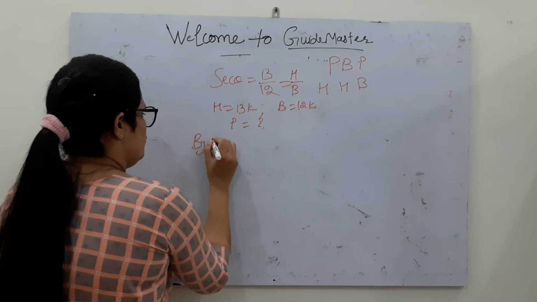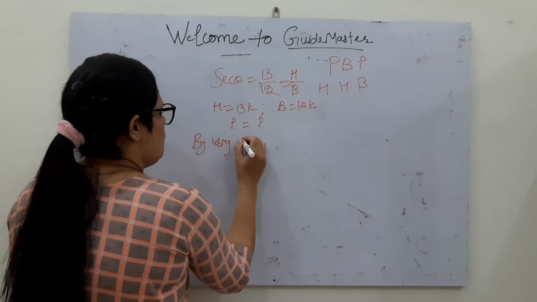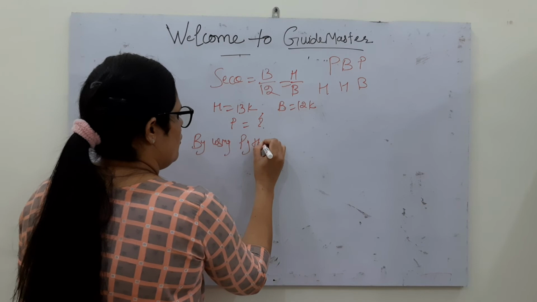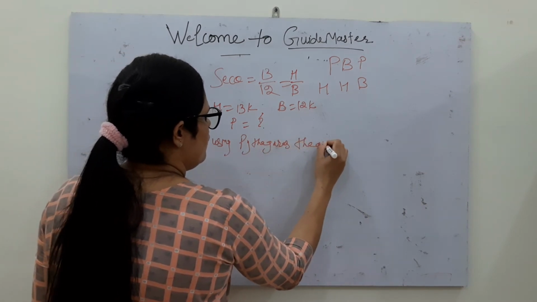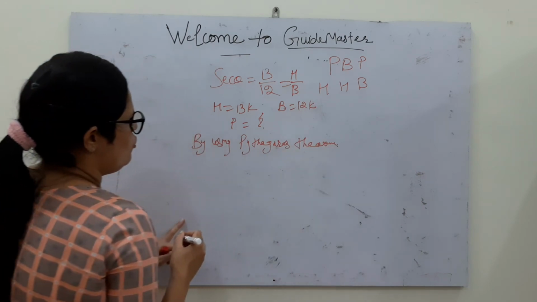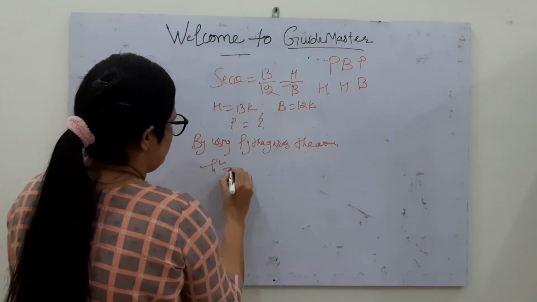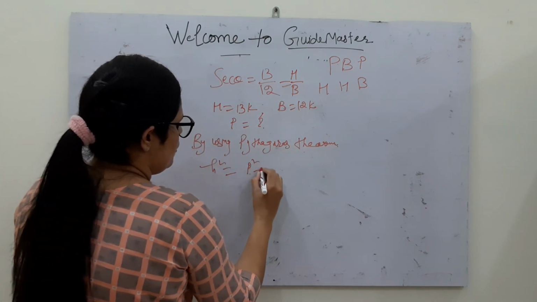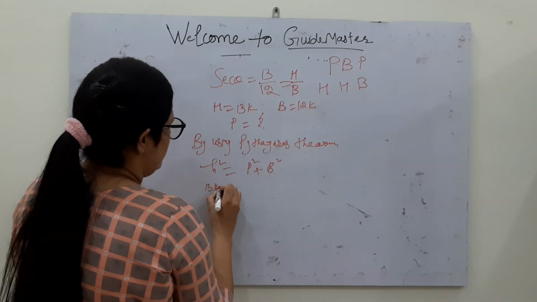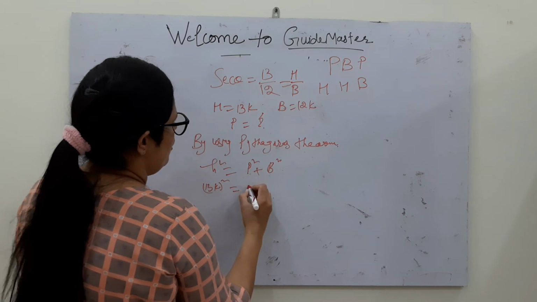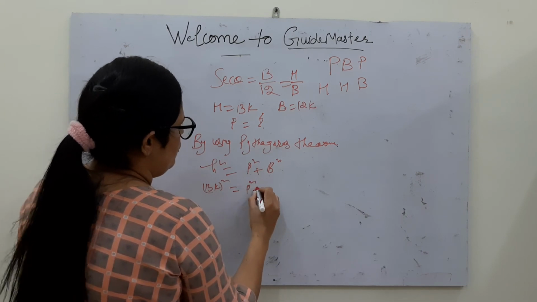So by using Pythagoras theorem, H square is equal to P square plus B square. Here H is the given, 13k square.